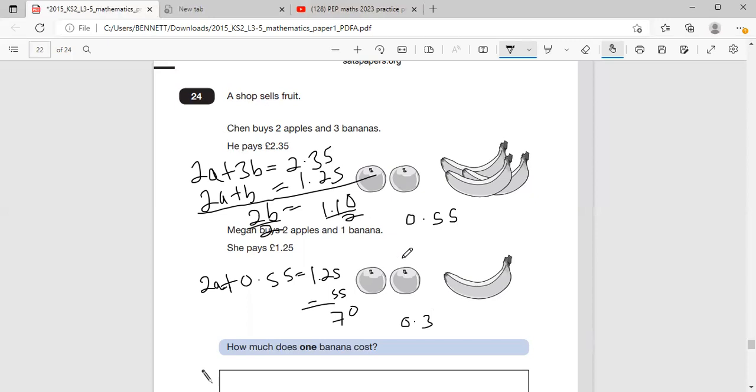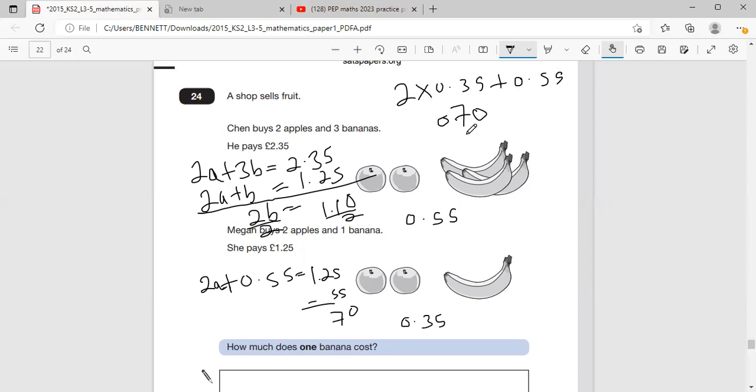Let us check to see if it's correct. 35 cents for 1 apple. Megan buys 2 apples, so that's 2 times 35 cents, plus 55 cents, and see if we get the 125. So this would give us 70 cents.